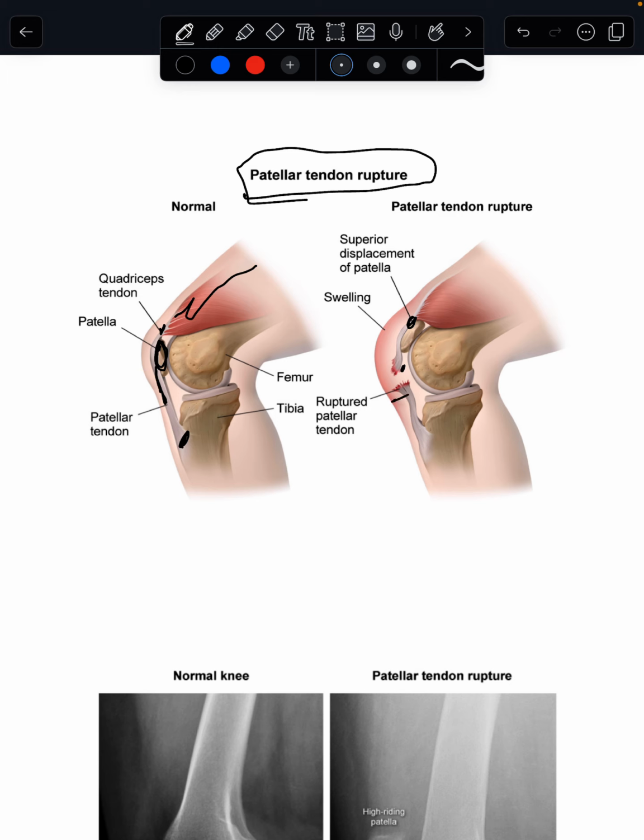So this might cause symptoms like extreme pain, swelling, and most importantly, inability to extend the knee.